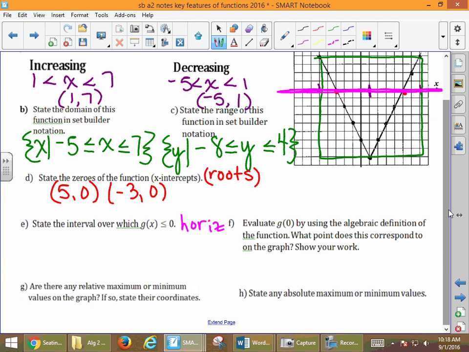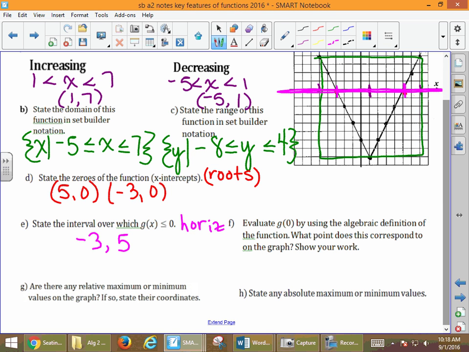So where it's below that light purple line is actually corresponding in this particular picture to our roots. Everything from the left root to the right root has our graph underneath that. So it says state the interval, so we're going to go from -3 to +5.